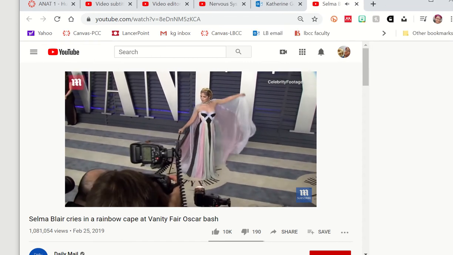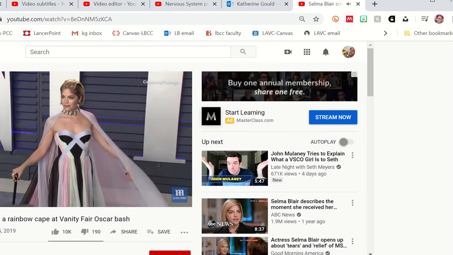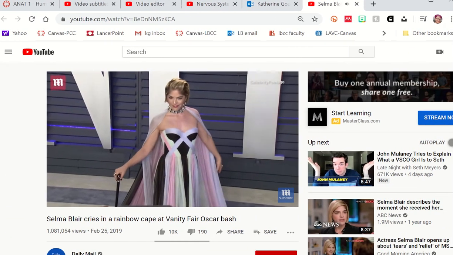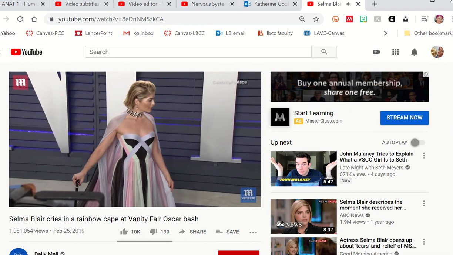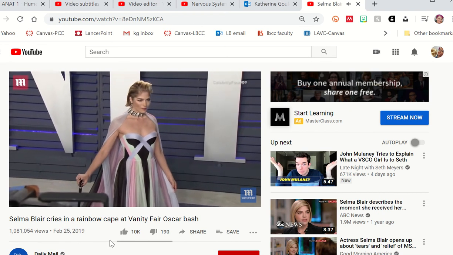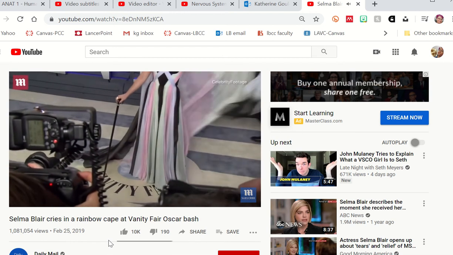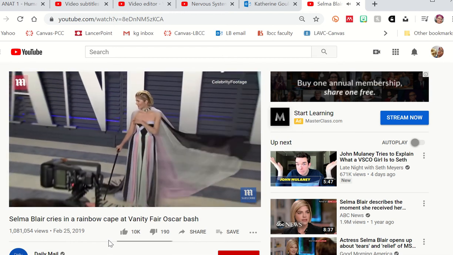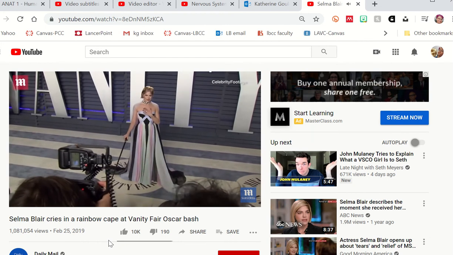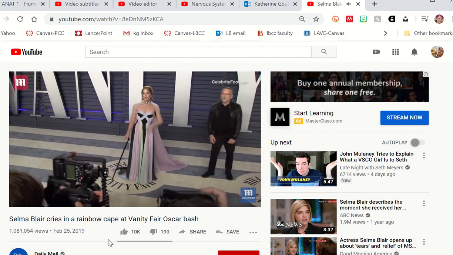A lot of disability rights people were really excited that she used her cane because there are a lot of hard feelings about canes. And so you can see she looks amazing.